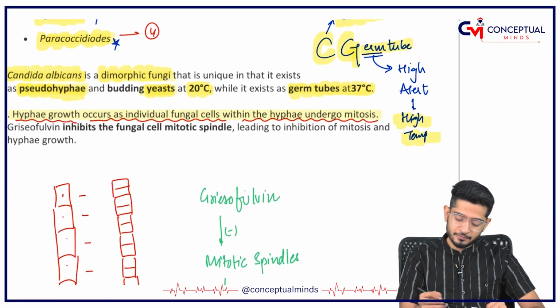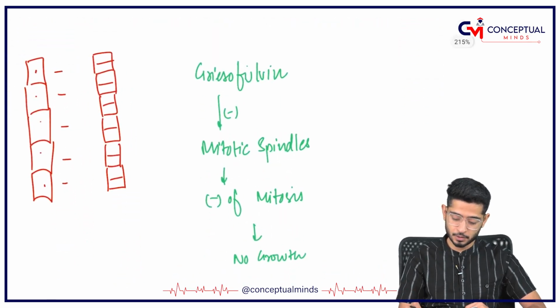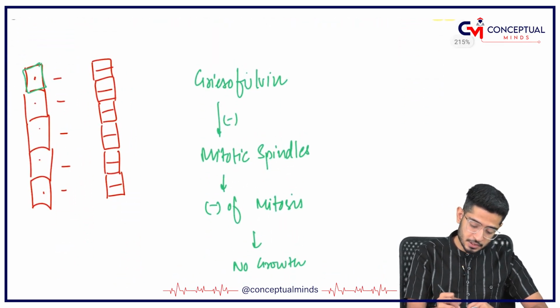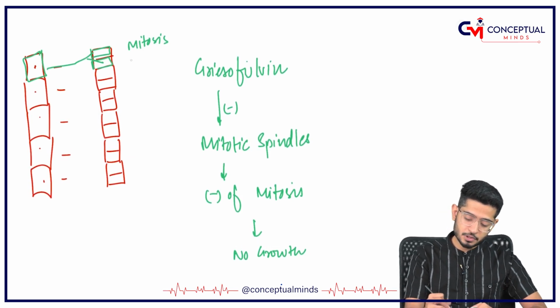Okay. Now hyphae after some time grow as single individual fungal cells within the hyphae with the help of mitosis. So what I am trying to tell you is that this was the initial parent which gave two cells with the help of what? With the help of mitosis. They are going to divide. So it leads to the formation of mitotic spindles.